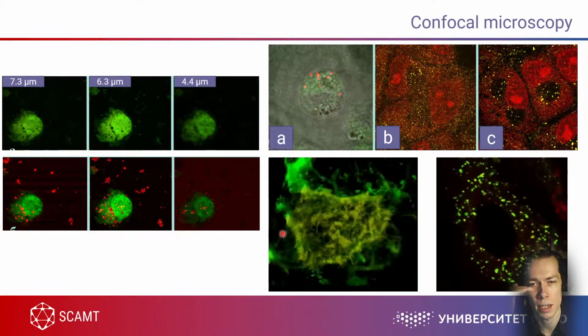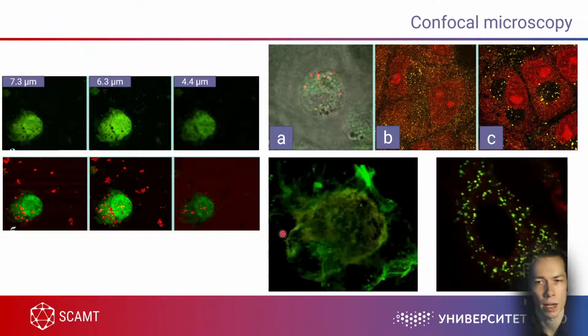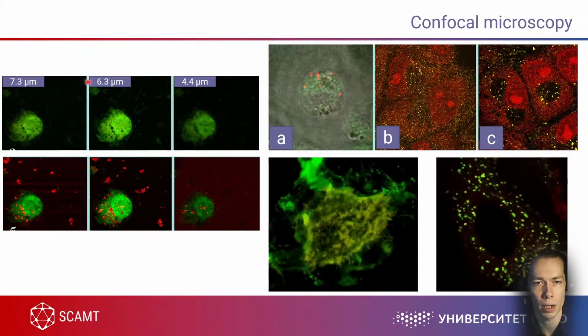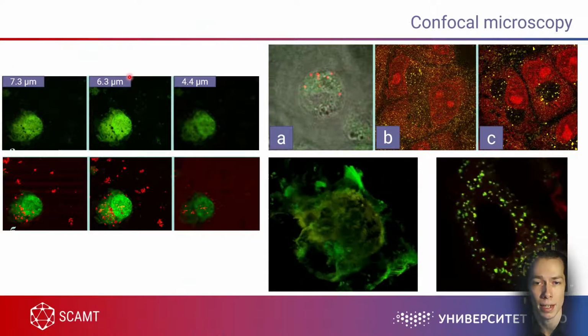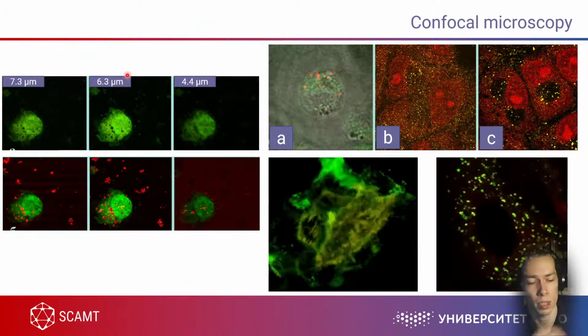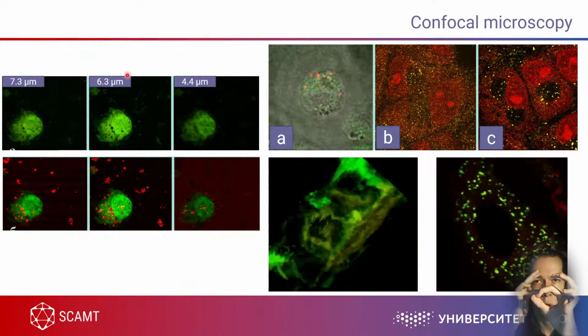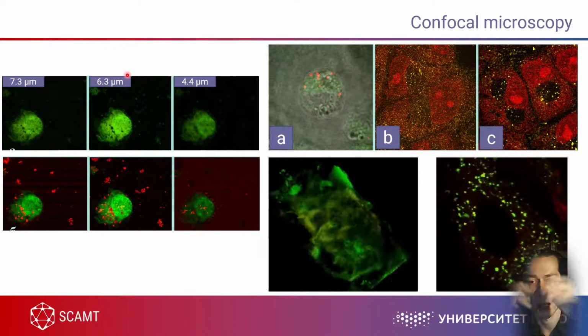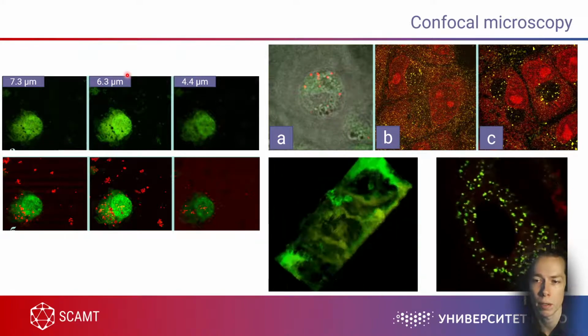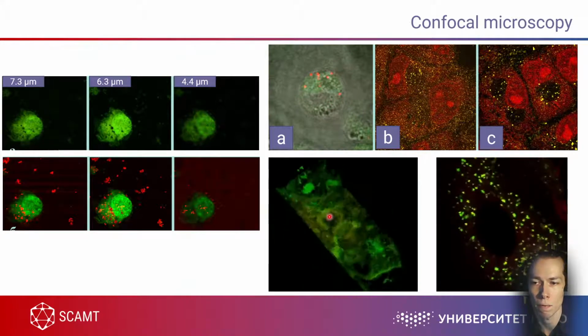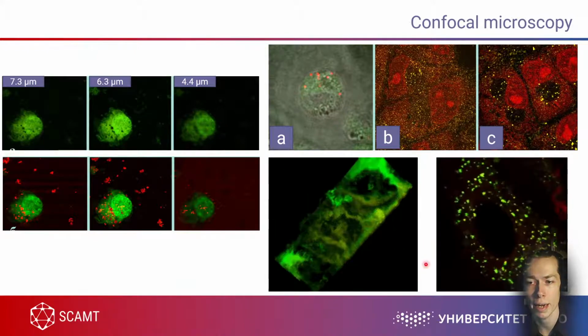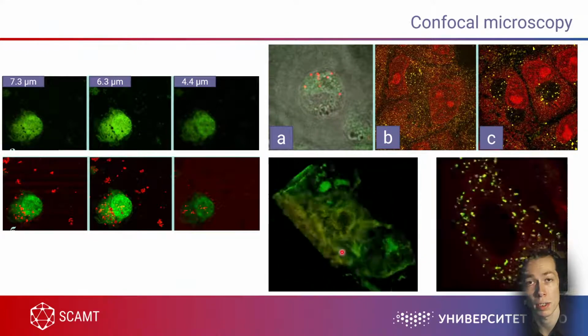These Z-stacks can be, like shown here, separated by 1 micron or even less. If you have a cell, you can slice this cell into optical slices, and after this you can rebuild, like shown in this GIF animation, the whole 3D structure of your cell.